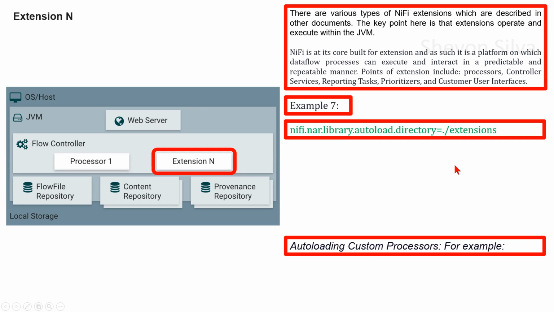Now we must place our custom processor NAR in the configured directory. The configured directory is relative to the NiFi home directory. For example, let us say that our NiFi home directory is /var/lib/nifi. We would place our custom processor NAR in /var/lib/nifi/extensions. Ensure that the file has appropriate permissions for the NiFi user and the group. Refresh the browser page and the custom processor should now be available when adding a new processor to your flow.